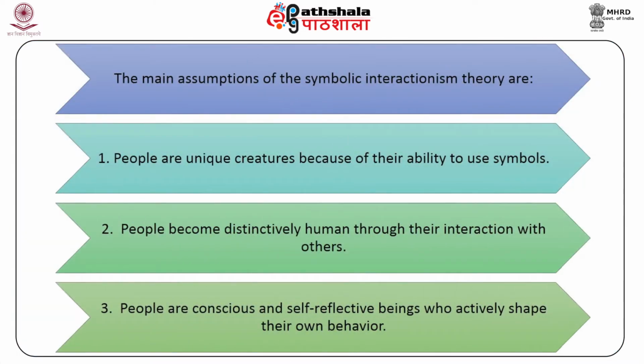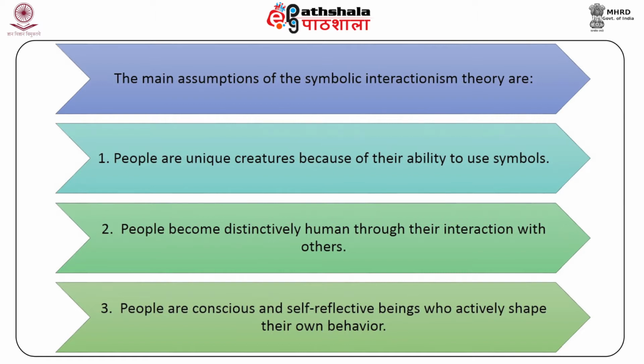The main assumptions of the symbolic interaction theory are: first, people are unique creatures because of their ability to use symbols. Second, people become distinctively human through their interaction with others.